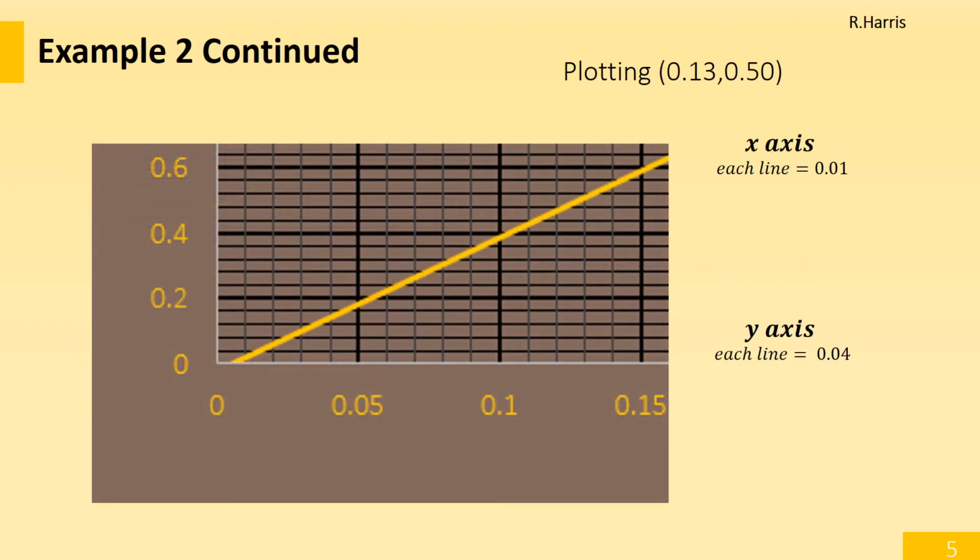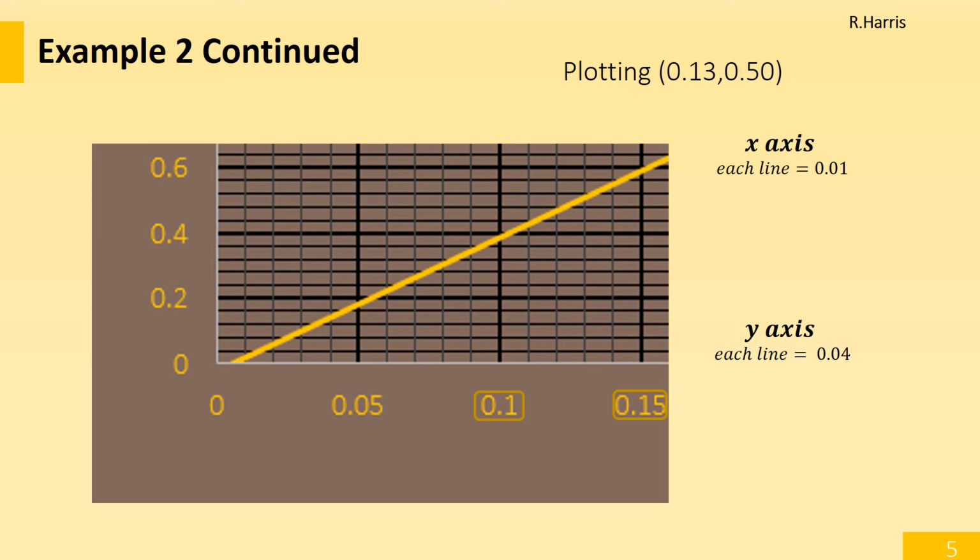Using the value for each line which we just calculated, we will plot a point of 0.13, 0.5. To do this, one of the first steps is to establish where your x value can lie based on the value seen at the centimeter block. 0.13 must lie between 0.1 and 0.15.